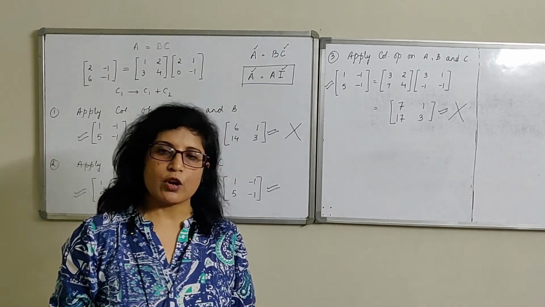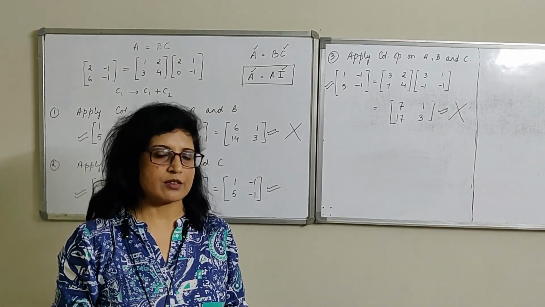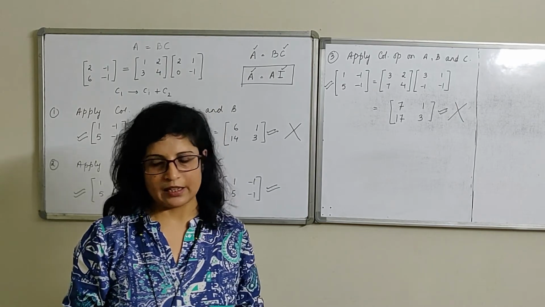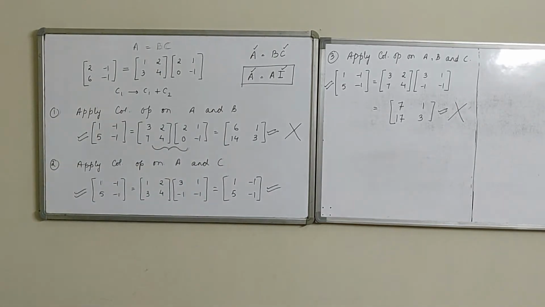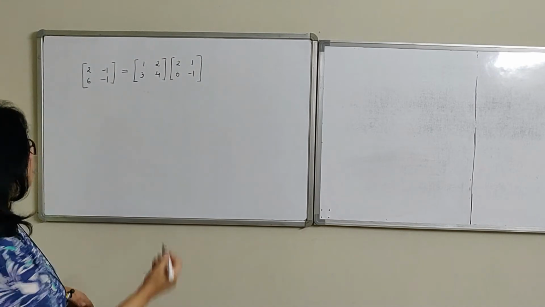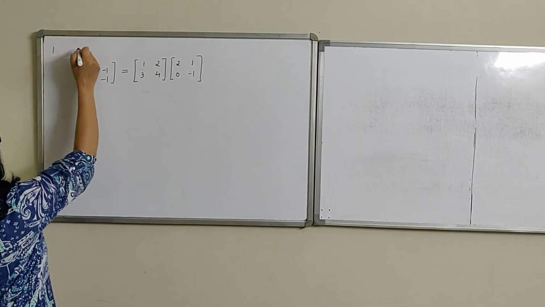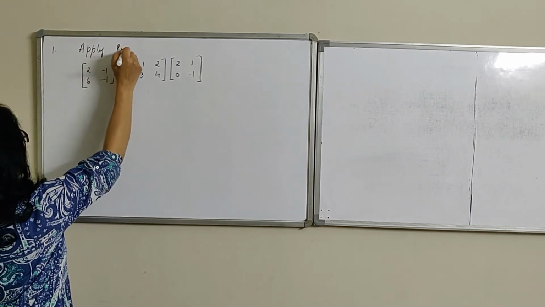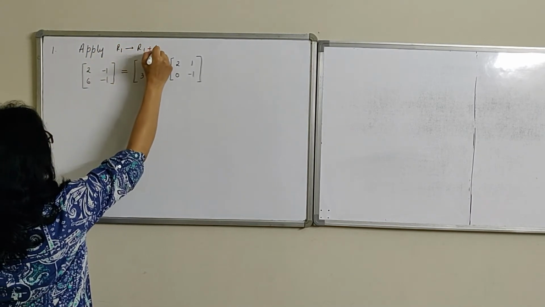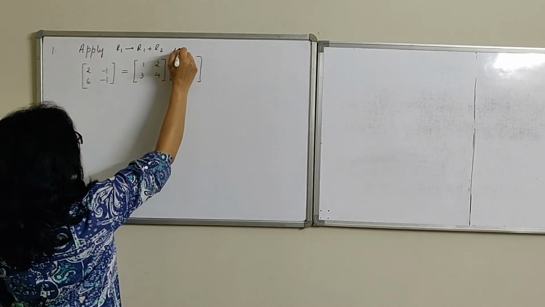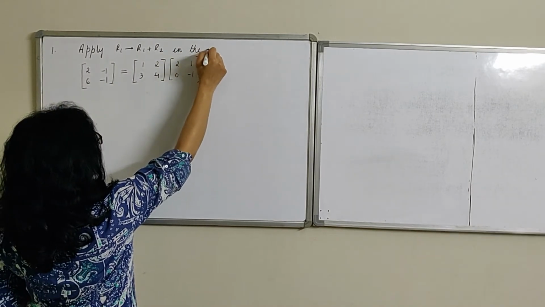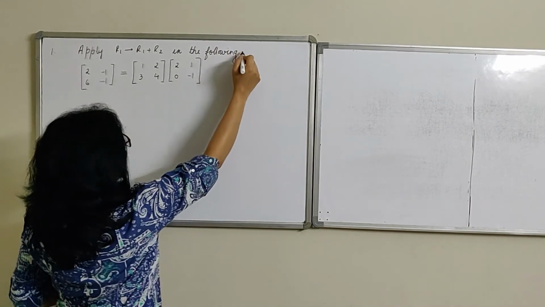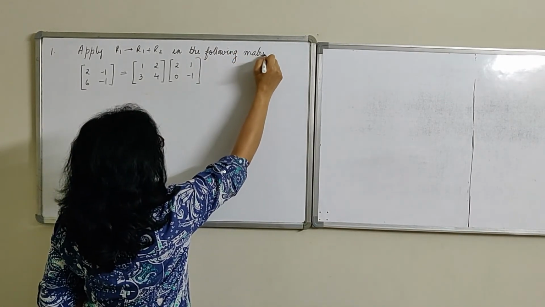Now based on this concept, we are usually asked a 1-mark question in the exam. What kind of a question is this? Let's see. The question in the exam can be: apply R1 as R1 plus R2 in the following matrix equation.